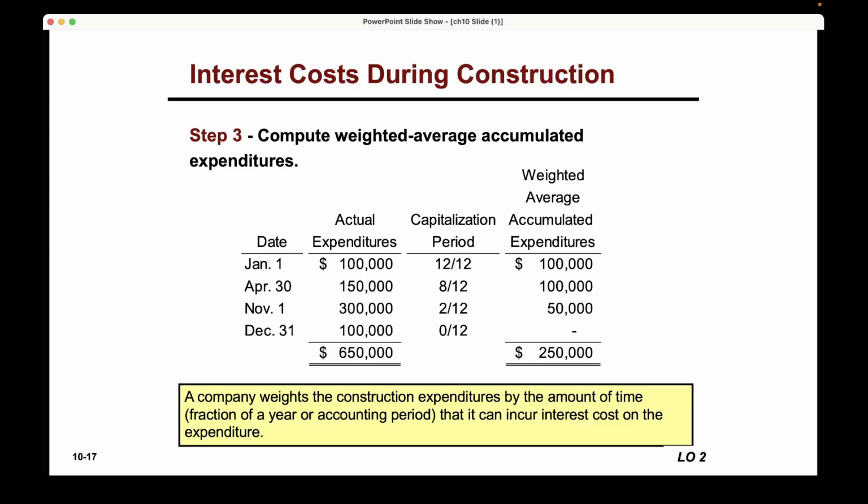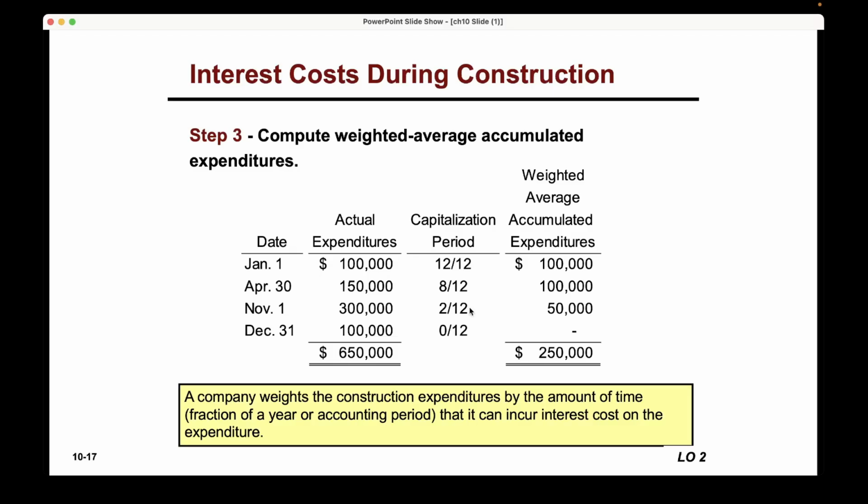We calculate the same for the 300,000 and 100,000 here, and we have the total weighted average accumulated expenditure of 250,000. In this step, we ensure that only the expenditures that were outstanding long enough to incur interest are included in the capitalization base. This way, we can accurately calculate the interest that should be capitalized.